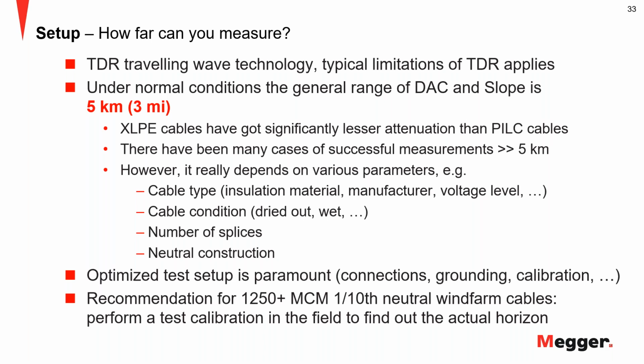Typically, you would say 1,000 picocoulomb is a good starting point. But if 1,000 picocoulomb for your calibration pulse is not enough, you can go higher. And if you have to do 50,000 to see the far end, then you have to do 50,000. Obviously, your signal to noise ratio is affected by that, because it's a big difference if you can see the far end of the cable with 1,000 pico compared to 50,000.